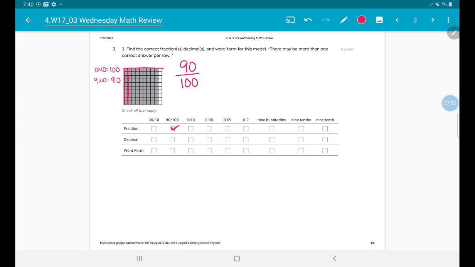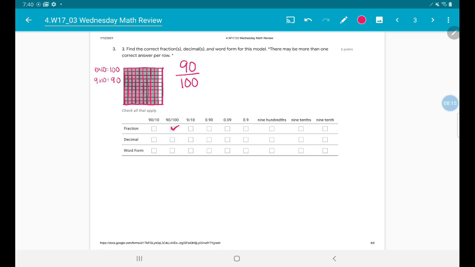There's 1 equal row, 2, 3, 4, 5, 6, 7, 8, 9, 10. Now I have 10 equal parts.